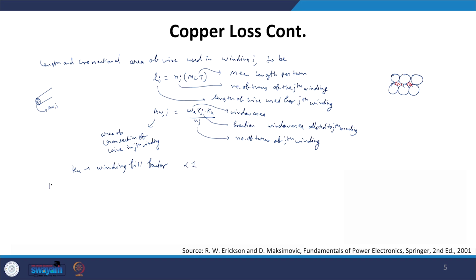Generally, as per literature, this winding fill factor is equal to 0.5 for low voltage round wire conductor. It is equal to 0.65 for low voltage foil winding, that means whenever you are using foil to wind the winding. Also this Ku is equal to 0.1 for high voltage transformer winding.